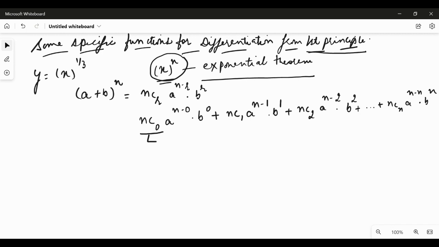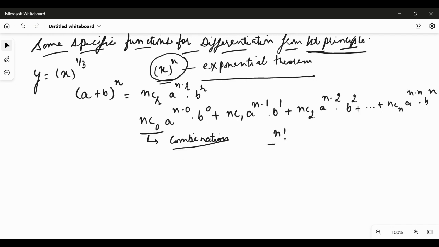First of all, understand what nC0 and nC1 are. Basically, this is the case of combination, which we study in probability. Without going into the depth of all these things, let me tell you how we can solve the case of nC0.